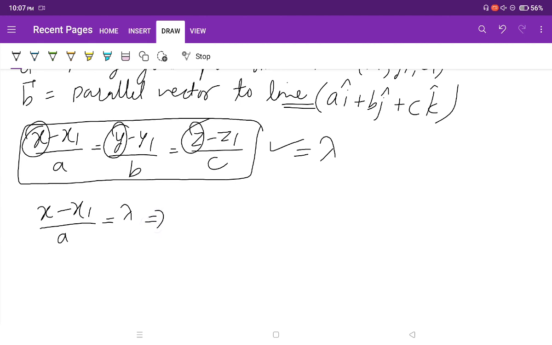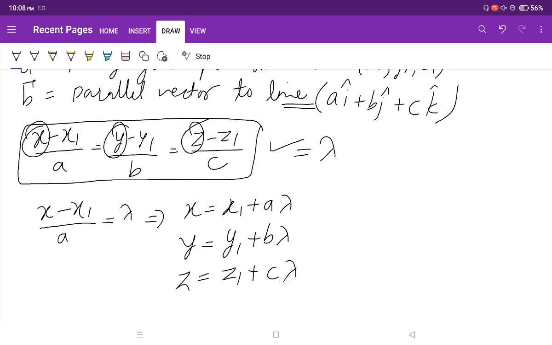Which gives x equals x1 plus a lambda, y equals y1 plus b lambda, and z equals z1 plus c lambda. Now this is the general coordinate, or coordinates of the general point, right?